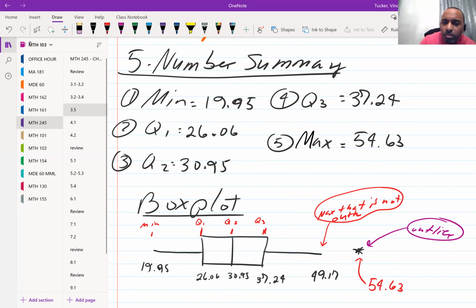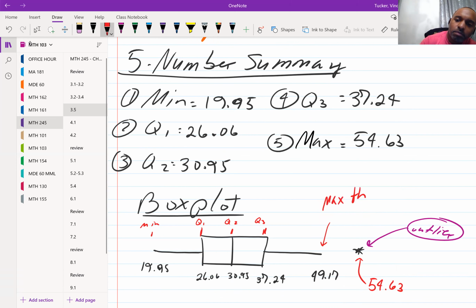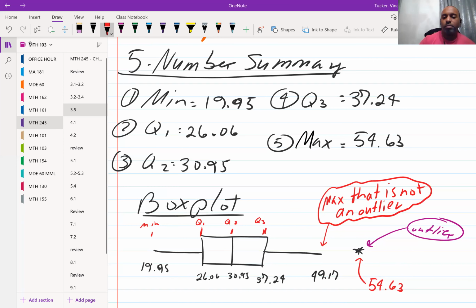And this should be a little more legible. Like that better. So this was the next value up, after that outlier.